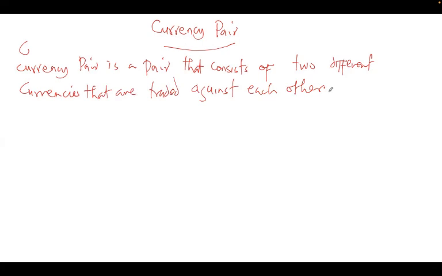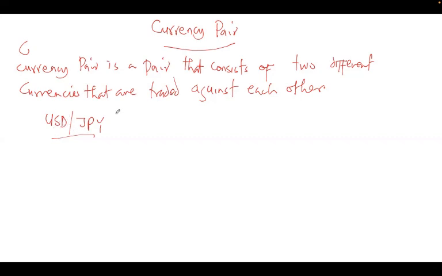Now, for example, we have USD, and then we have, let's say, JPY. You may want to ask yourself, what is this JPY? What is this USD? Now, most of the currency pairs are usually denoted by acronyms, all right? The first two letters stand for the country, while the last letter stands for the currency.